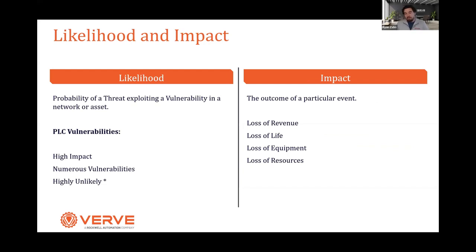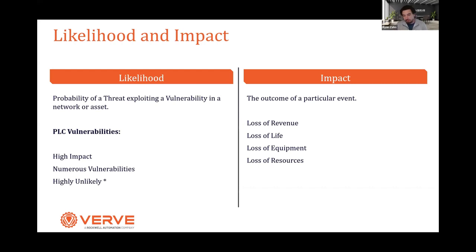The other two items we'll talk about are likelihood and impact. So likelihood is the probability of a threat exploiting a vulnerability in your network or your assets. For example, we talk about different layers or levels of assets, right? We have everything in OT from PLCs to VFDs to relays, network equipment, and then we also have Windows workstations and servers.